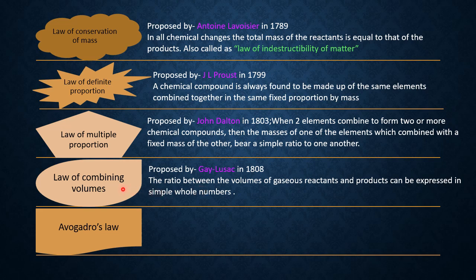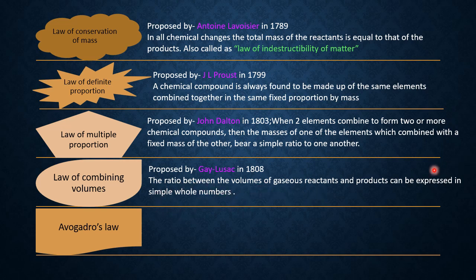This is for when two gases are reacting, nitrogen gas and hydrogen gas, reacting to get ammonia vapors or ammonia gas. That time they bear a simple whole number. What bears it? The ratio between the volumes of gaseous reactants and the products here. So the ratio of nitrogen to hydrogen is what?